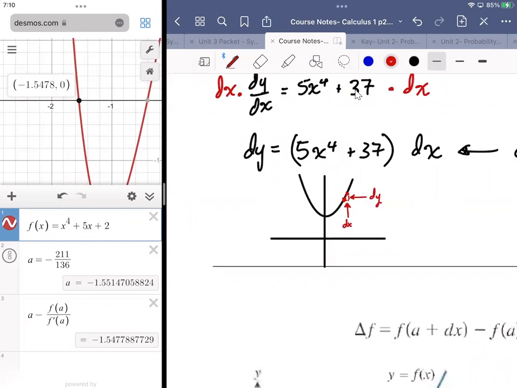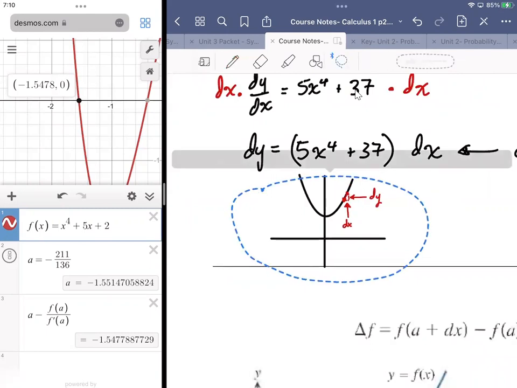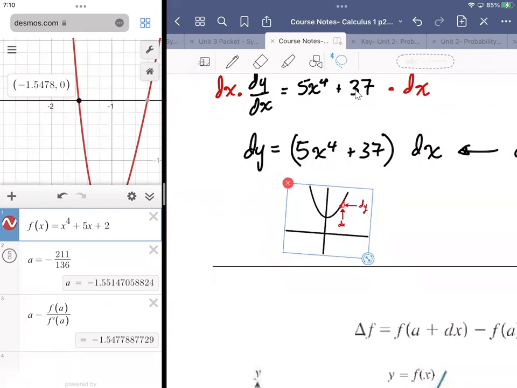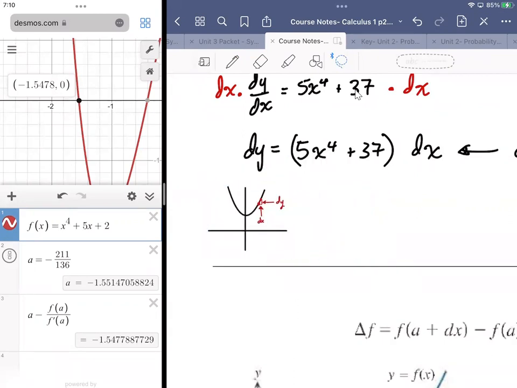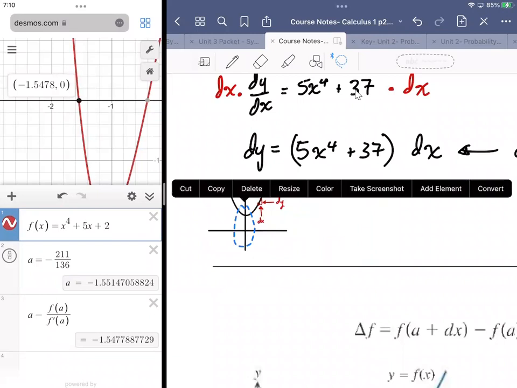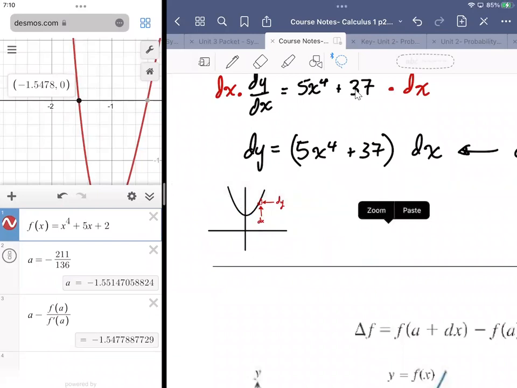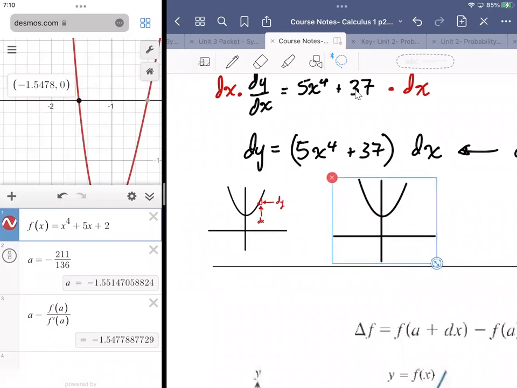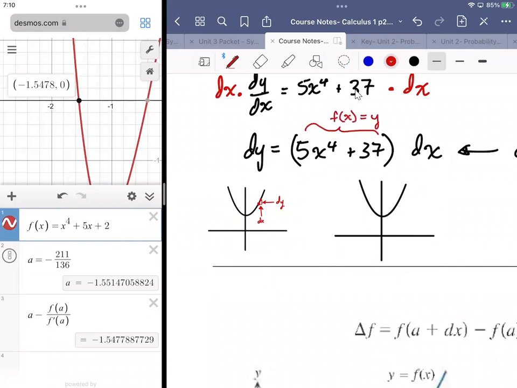Now, I'm going to put that aside for a second. Look at the same function, but now we're changing the perspective a little bit. Because the 5x to the fourth plus 37, that's some function f of x or y.